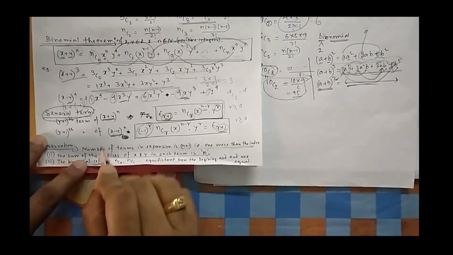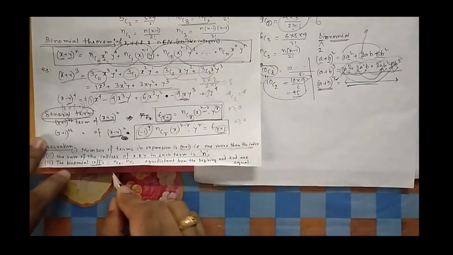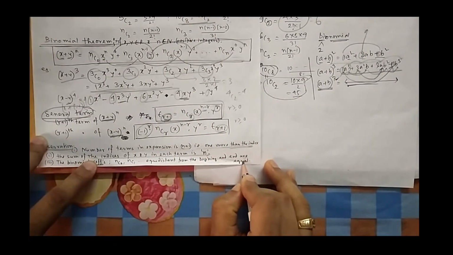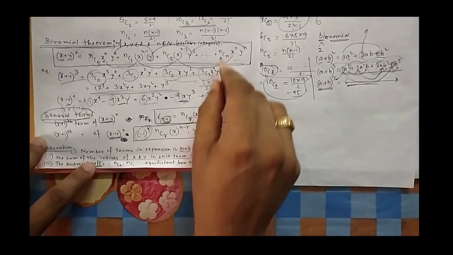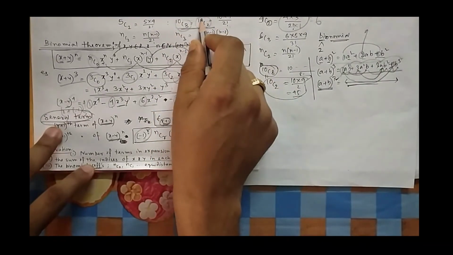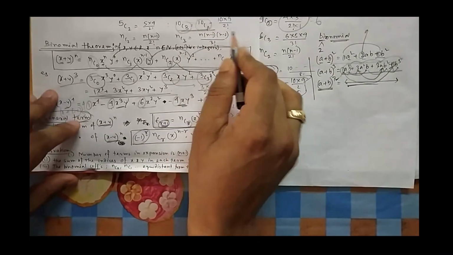The binomial coefficients, these are known as binomial coefficients, 3C0, 3C1, 3C2, 3C3. They are always equidistant from the beginning and the end, they are always equal. We have already seen this, because using that property, 10C8 equals 10C2. So if you come to the second term from the first, it is 2. If you come from the back side, then the second term is 8. Both are equal.